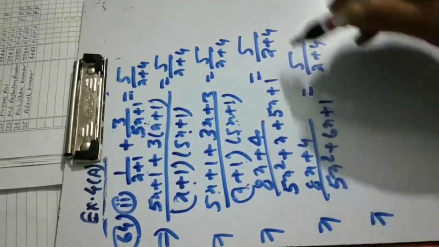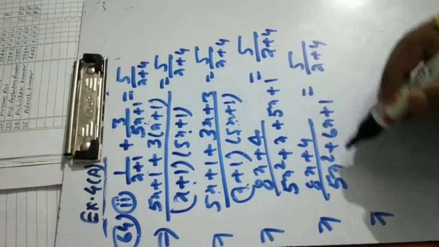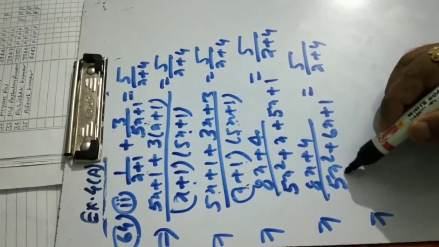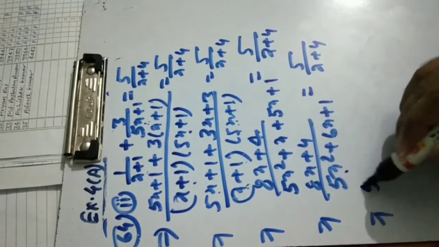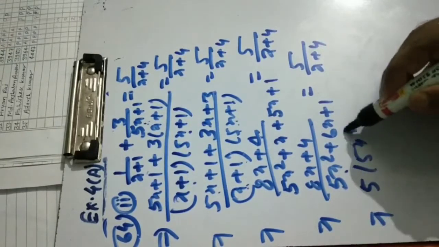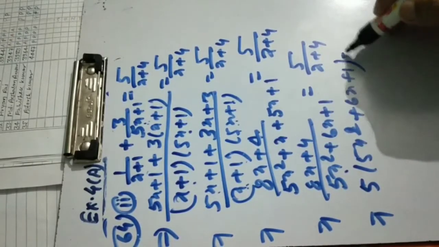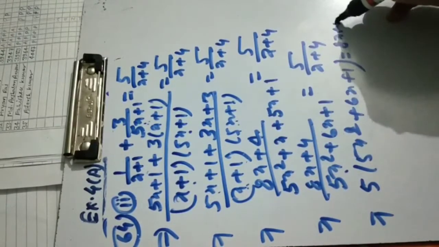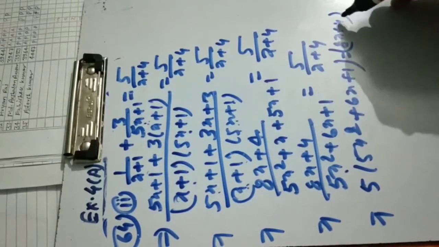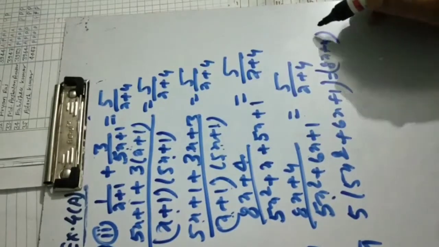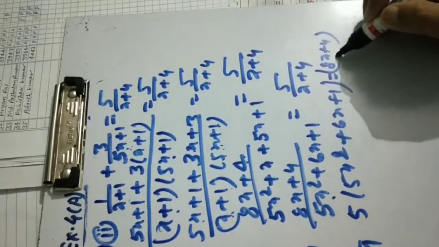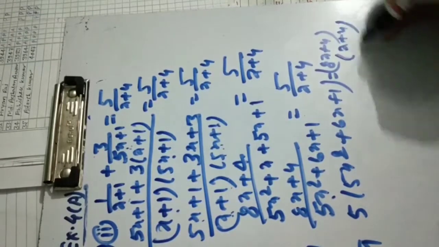Now let us cross multiply it. 5 multiplied by 5x square plus 6x plus 1, and 8x plus 4 will be multiplied with x plus 4.